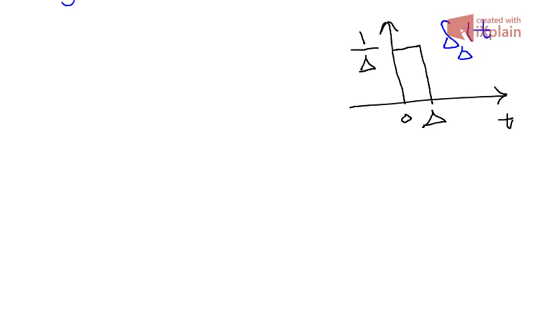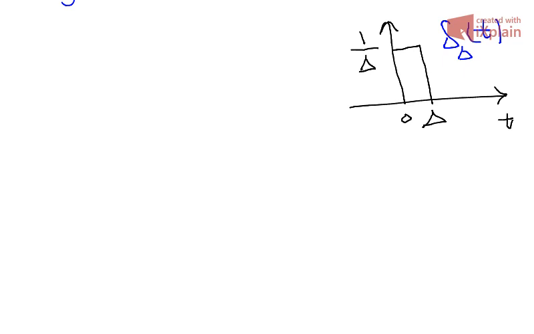Suppose we are generating a shorter pulse, which is something like this, with 0 to delta as the width of this pulse, and suppose 1 over delta is the height of this pulse. We denote this signal by the delta function with a subscript delta, delta sub delta of t.